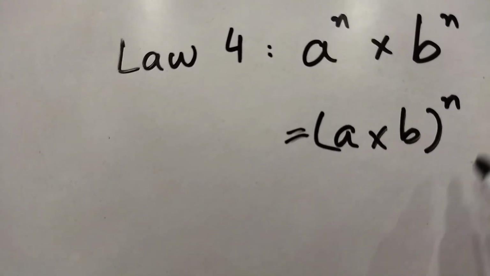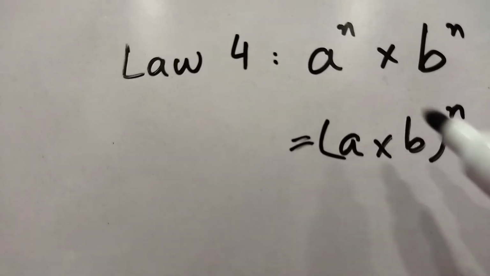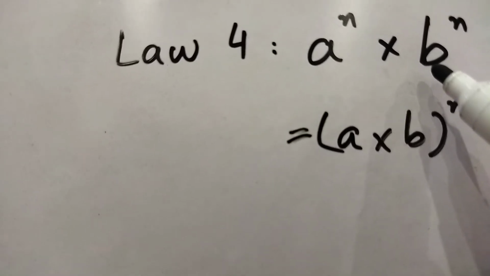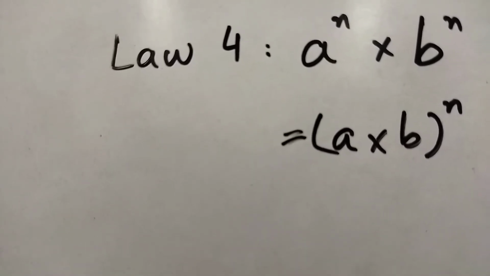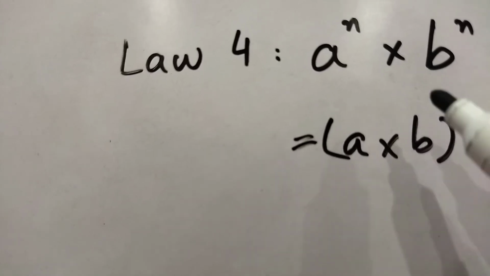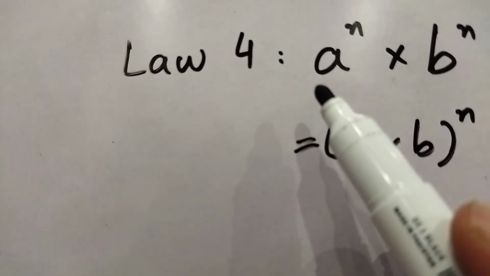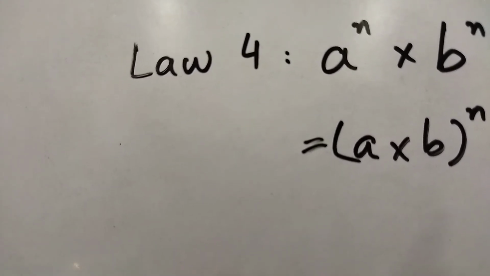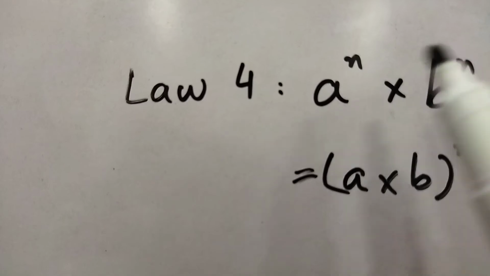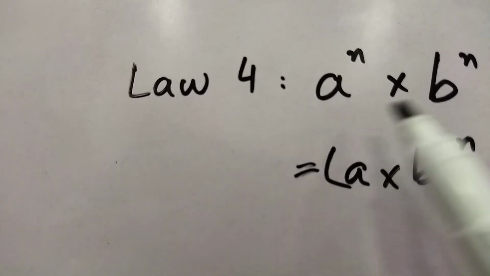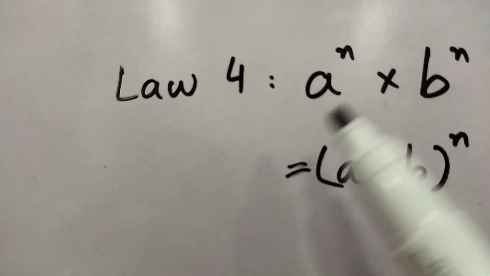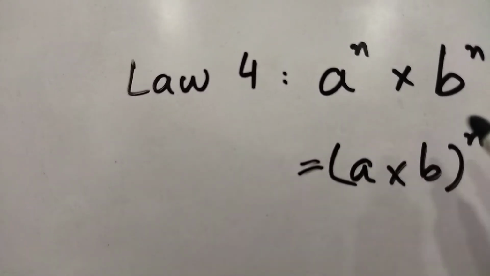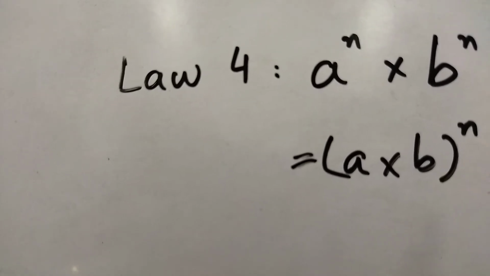This is altogether different from law number 1, where we had same bases but different indices. What we did there? We simply added the indices. But here we have different bases with the same indices. So we are multiplying the bases with each other, keeping the index the same.